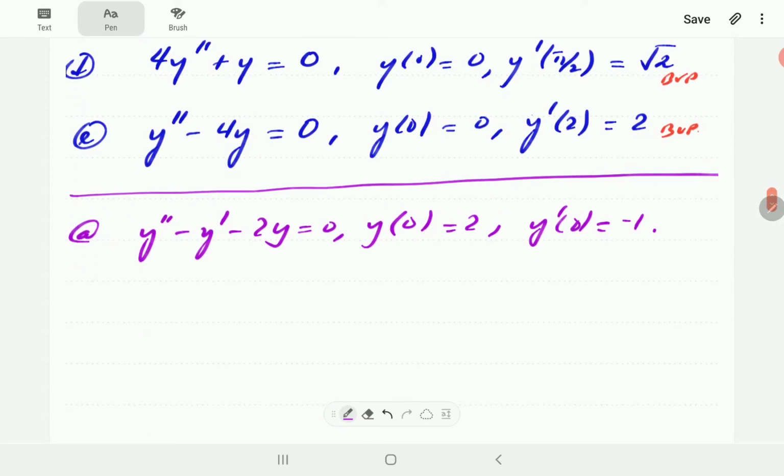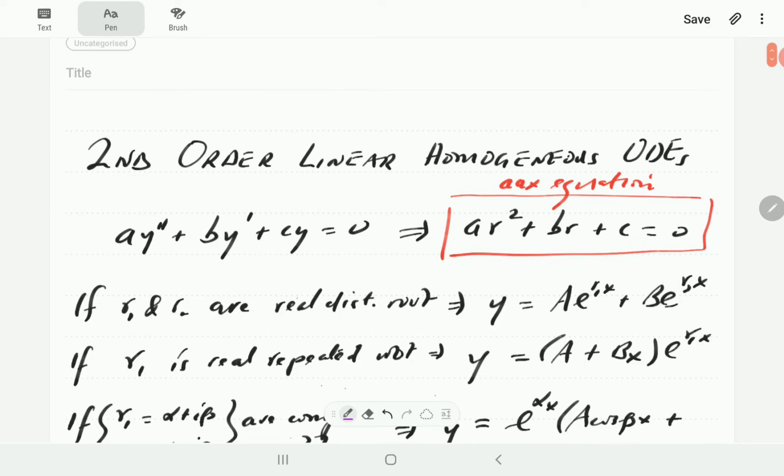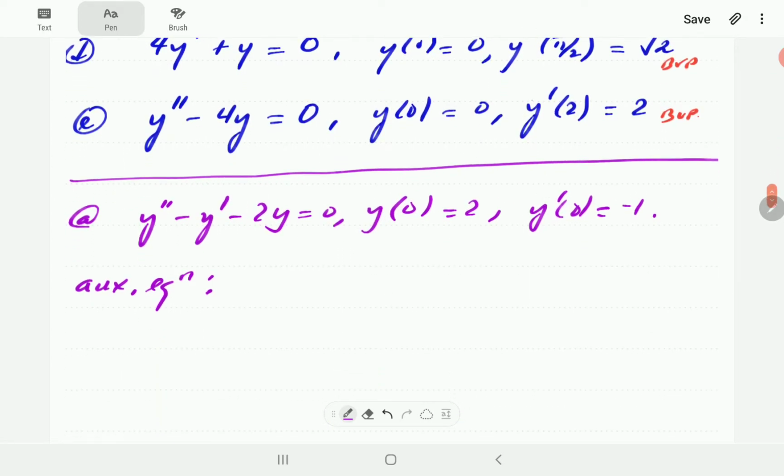So the first thing we need to do here is to find the auxiliary equation. Notice that the auxiliary equation is just obtained by replacing the second order derivative term by a quadratic in r, the first order derivative term by a linear term in r, and y is going to be replaced by a constant.